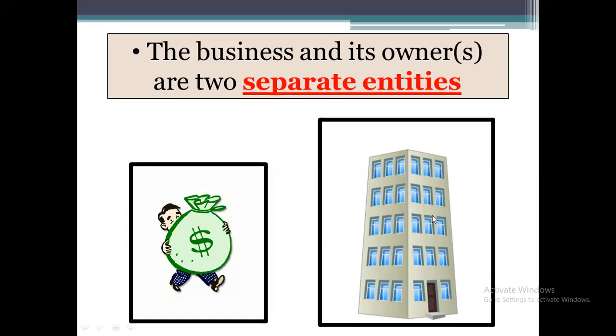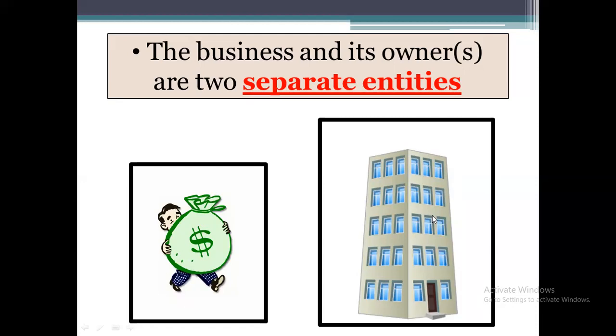As per this concept, my car showroom business is a different entity, and myself as the owner of that business has to be treated separately, two entities. So whenever I put some amount into the business, it will be recorded as a liability. That is nothing but the capital. So for the business, I am the outsider.